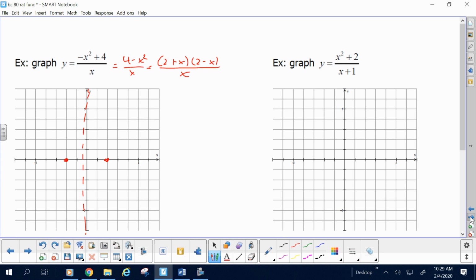What kind of end behavior does this have? As x gets infinitely large, 4 minus huge over huge, but which one's bigger? What's the end behavior? Goes to negative infinity. So it goes this way. And what about as x goes to negative infinity?